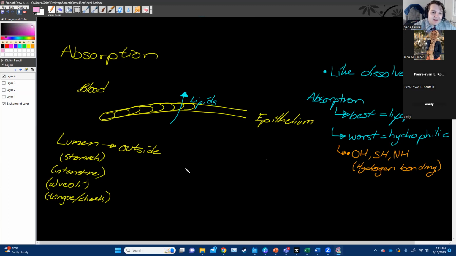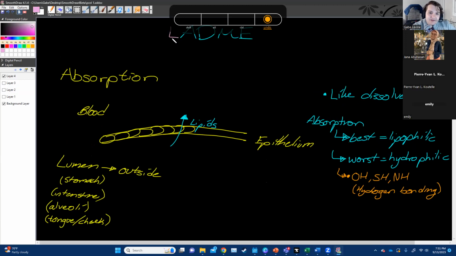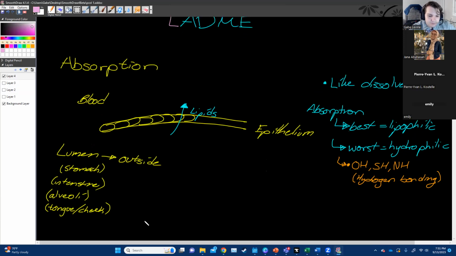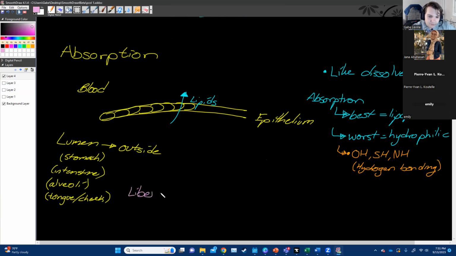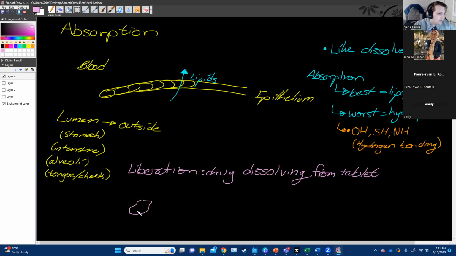One of the processes that actually happens before ADME, and sometimes you'll see this included, is liberation. Liberation is the process of a drug dissolving from tablet form. So if you have a pill, you swallow it, it goes into your stomach.